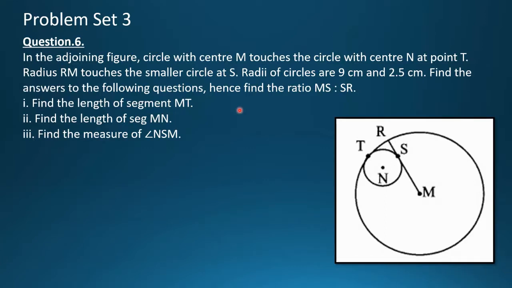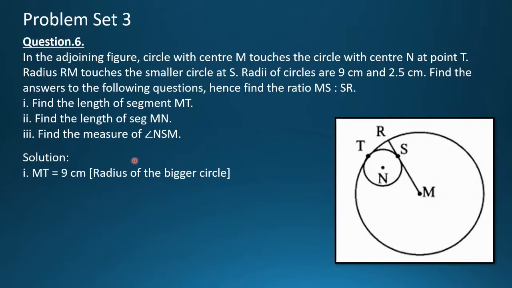Hence, find the ratio MS is to MR. The first question is to find the length of segment MT. Second is finding the length of segment MN. And third is finding the measure of angle NSM. Let us solve this question.